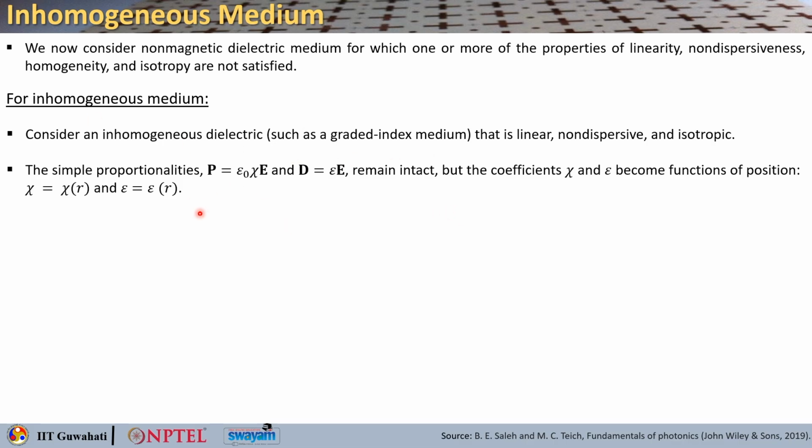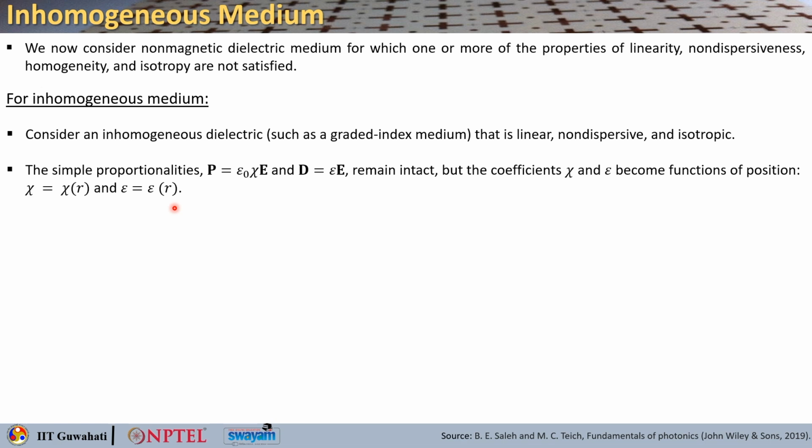In that case the simple proportionalities, like P equals epsilon naught chi E and D equals epsilon E, remain intact. Just the coefficients chi and epsilon now become functions of position. So you write chi equals chi(r), epsilon equals epsilon(r), because it is graded index.